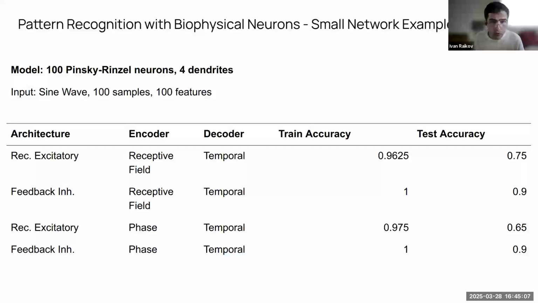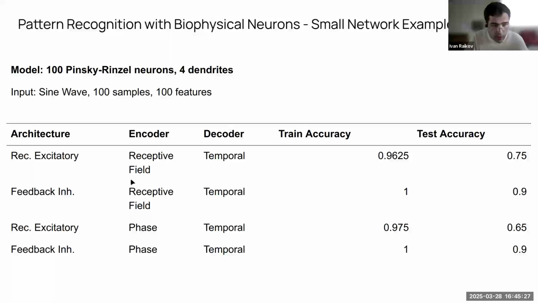I will show a very artificially constructed example with pattern recognition with a small network. The inputs are, again, sine waves, 100-dimensional, so slightly larger dimensionality, with a few hundred samples.